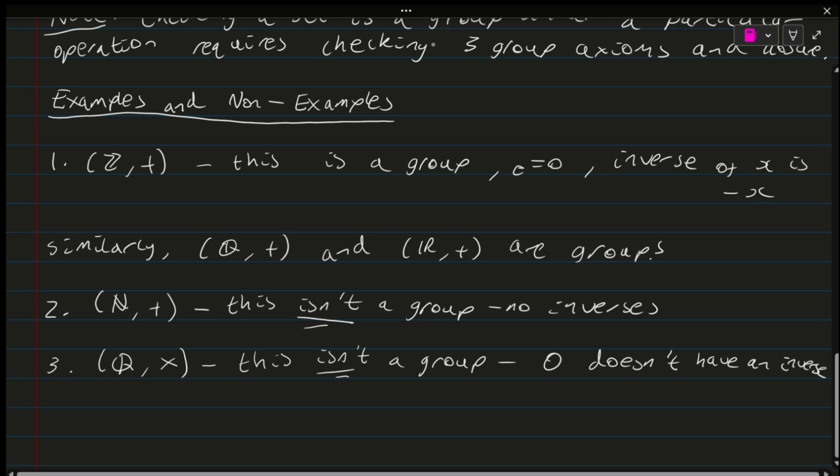And indeed, if you look, every other element does, but we require every element to have an inverse for it to be a group. So the rationals under multiplication, not a group. But if we take out 0, this is a group, and you can check all the axioms yourself.